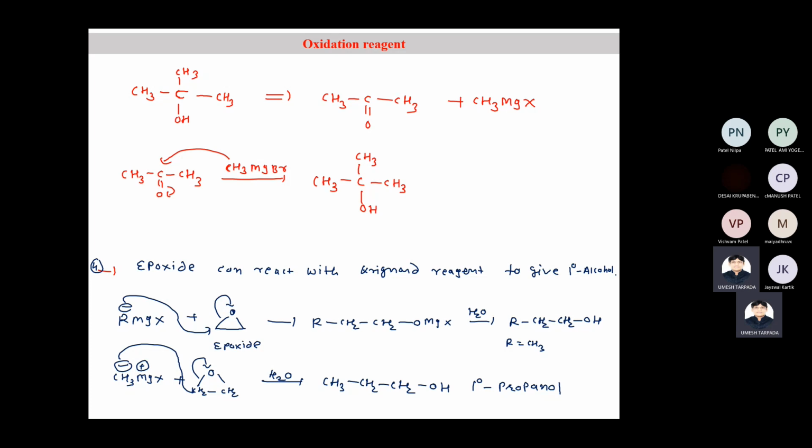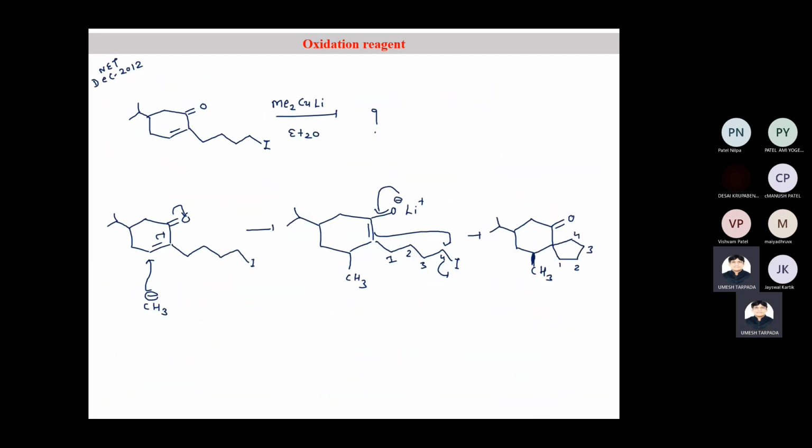Now, one very important reaction that we already completed in photochemistry is called the Barton reaction. That is also finished. Barton reaction is nothing but the use of nitrosyl chloride, NOCl.